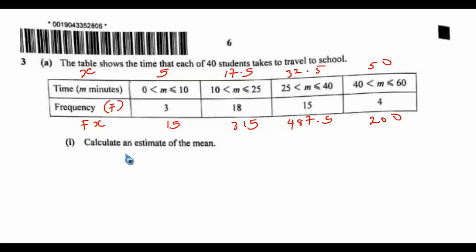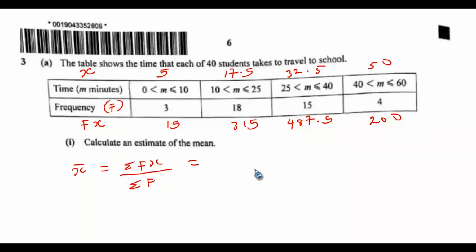The estimate for the mean, denoted by this symbol, will be equal to summation fx over summation f. So you need to add 15, 315, 487.5 and 200.